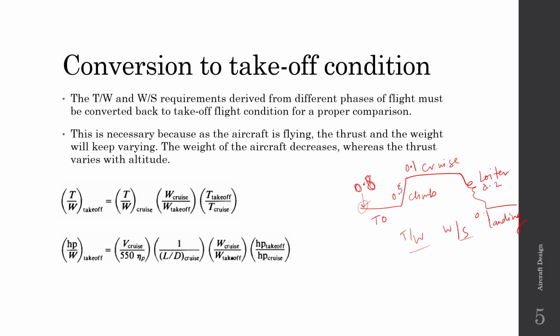So let us say these are the ratios. Obviously out of these the maximum one is 0.8. So we have to select our engine in such a way that it gives this 0.8 thrust to weight ratio during takeoff. When we are choosing the maximum of all of these, they have to be the same kind of quantity for proper comparison, right? So these quantities have to be converted back into the takeoff condition.